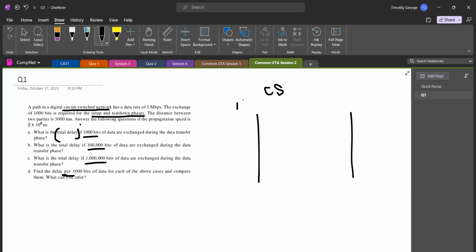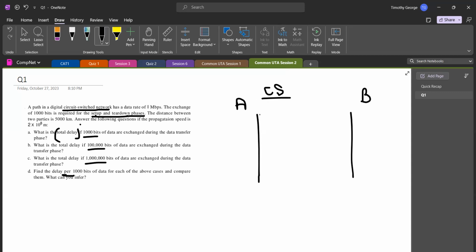So let's say here we have node A, circuit switching, and here we have node B. You have a setup phase and a teardown phase. I don't know whether you've learned handshakes yet, but a circuit switch is similar to a handshake, but not really.